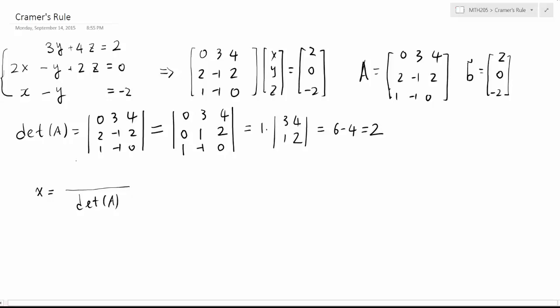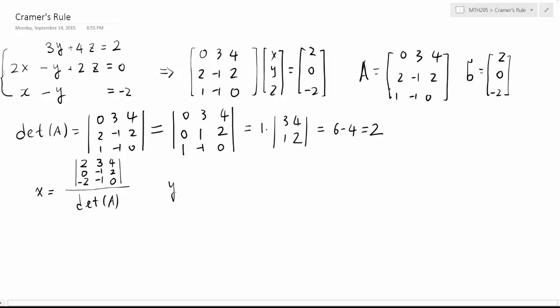In the numerator, we use the vector b on the right hand side to replace the first column of A. So we have 2, 0, -2, and then just copy the rest of the coefficient matrix, 3, -1, -1, and 4, 2, and 0. That would be the value for x.